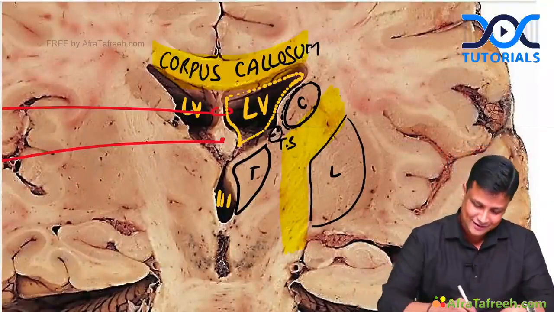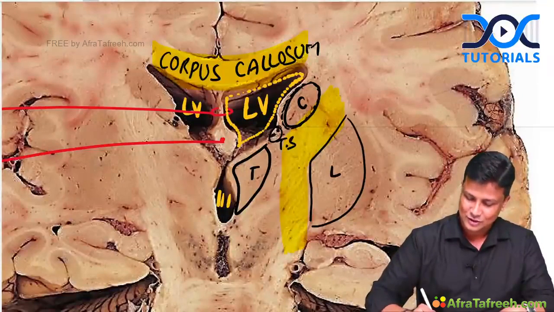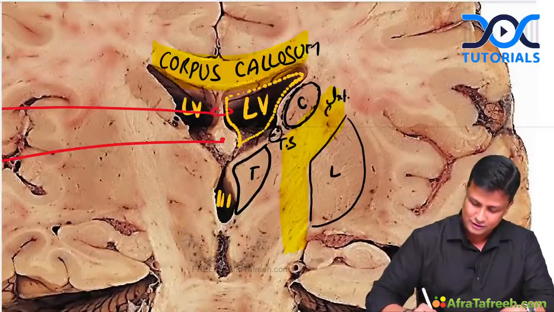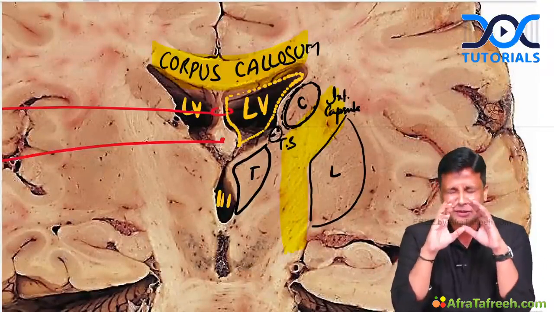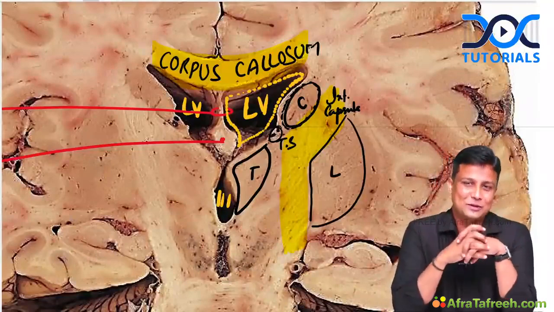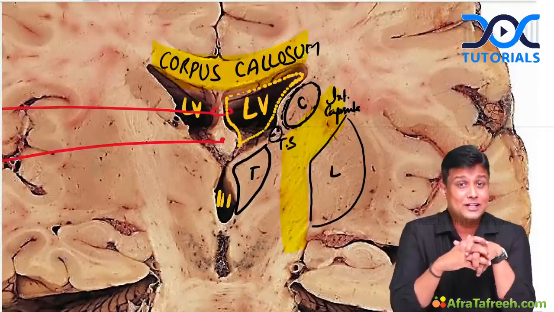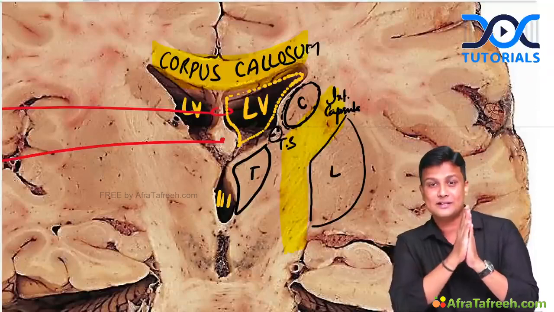What is this one here, guys? Internal capsule. I'll just write down here as IC. Internal capsule. Now, the moment you look at my diagram here, you are easily able to appreciate the relations of internal capsule. Now, look at the diagram there and try to tell what is present lateral to internal capsule, guys.